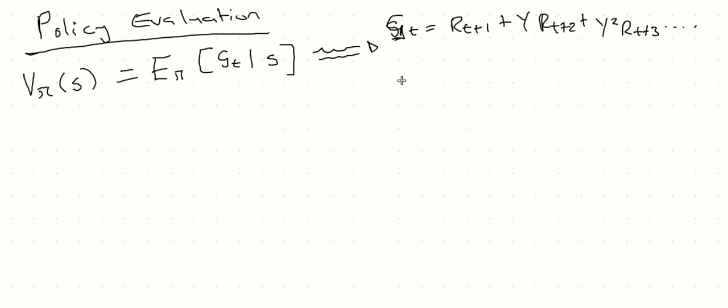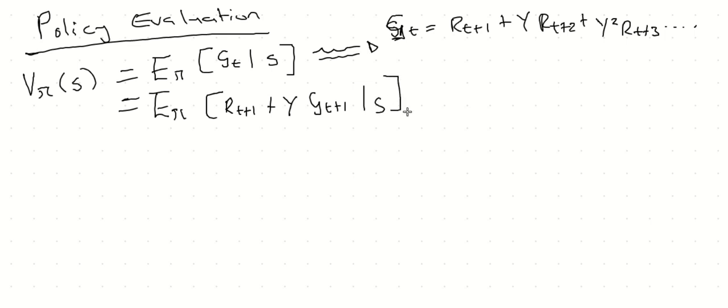Given that, we can infer a couple of things here. This is the expectation of G_t given S, and this is equal to the expectation under policy pi of R_{t+1} plus gamma multiplied by G_{t+1} given S. Why is this the case?